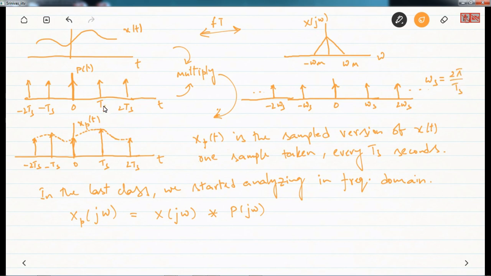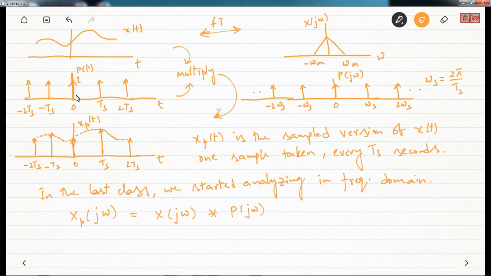Because p(t) is periodic with period Ts, its Fourier transform will be a periodic impulse train. The amplitude of p(t) is 1.